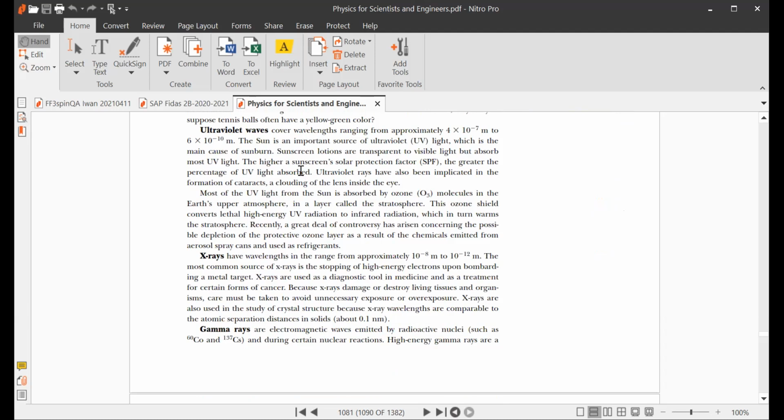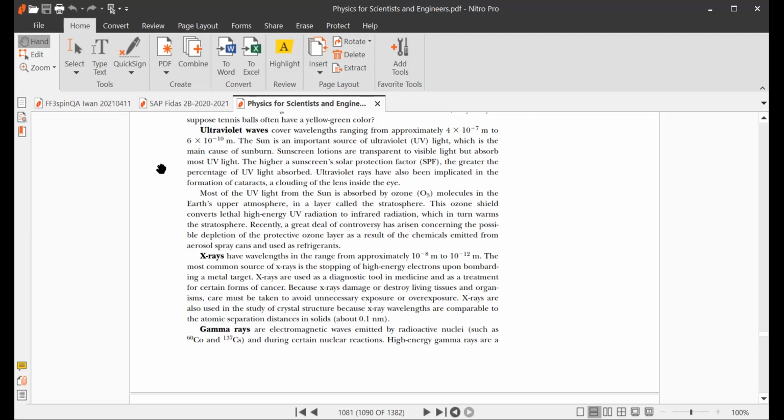Ultraviolet has a disadvantage, because it could cause cancer and could make our eyes blind if you look directly at this light.